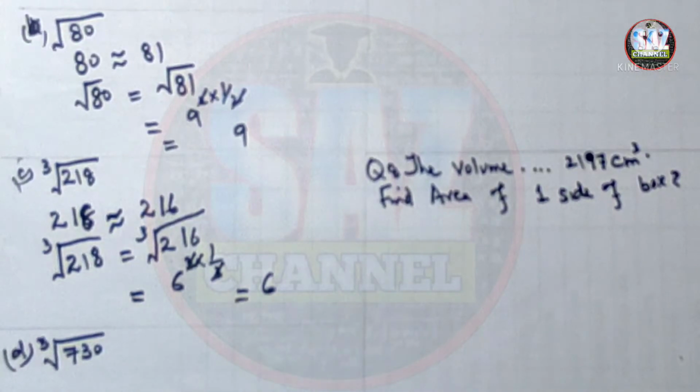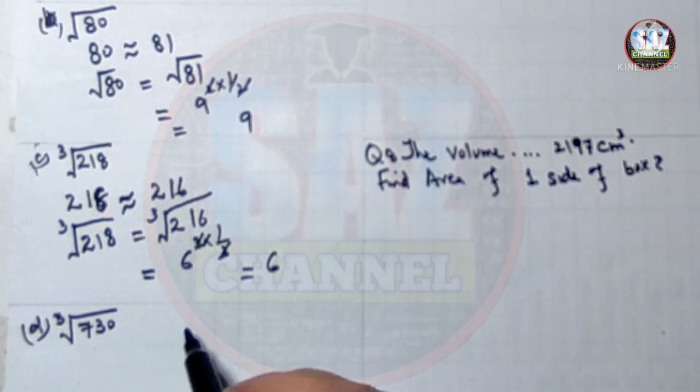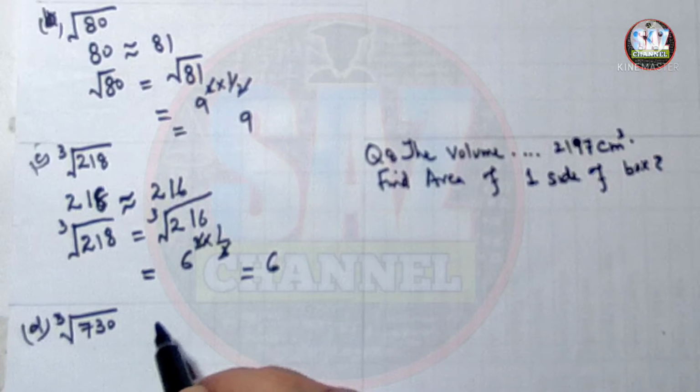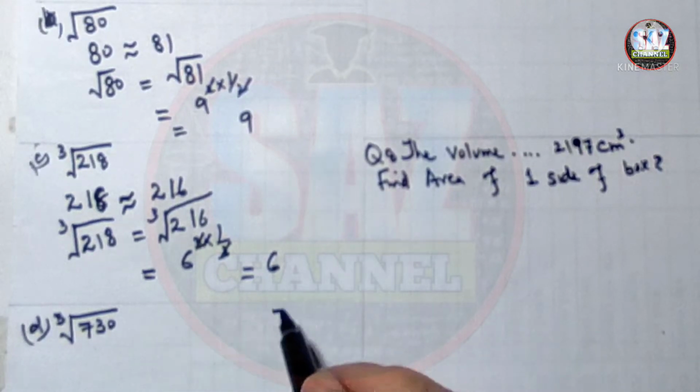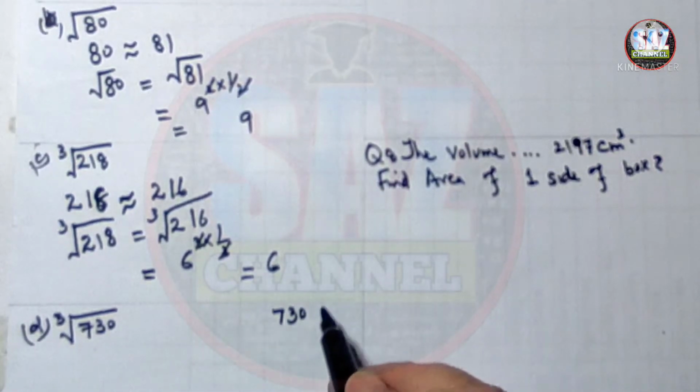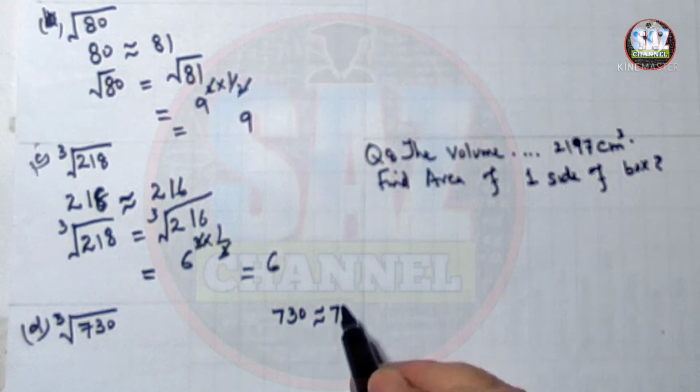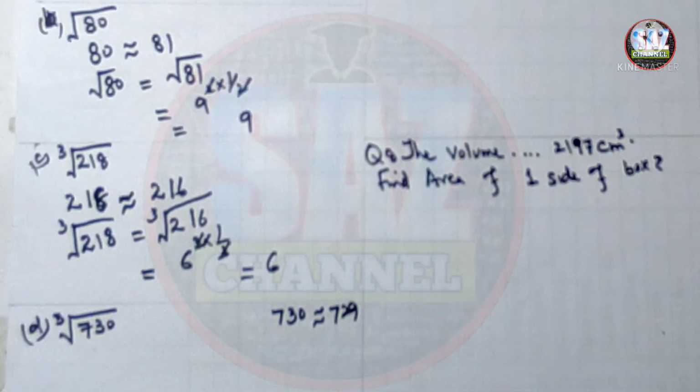And moving to 730. Let me perform the working at the top. 730 is approximately equal to 729. Now think about the number whose cube is 729. 9 nines are 81, 81 multiplied by 9.